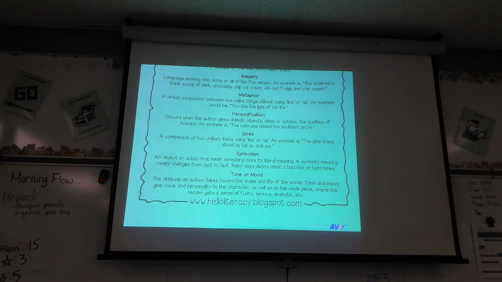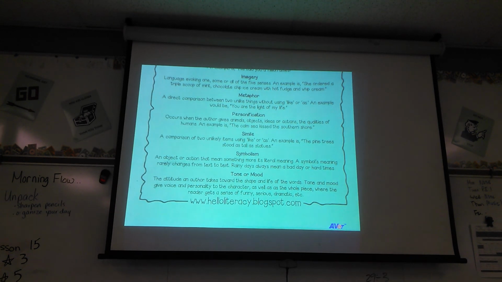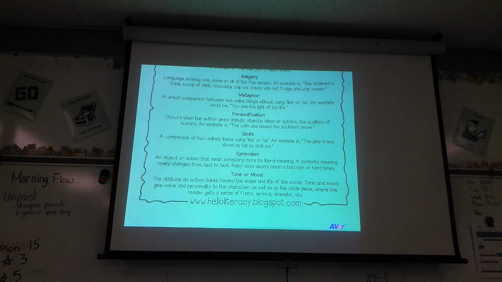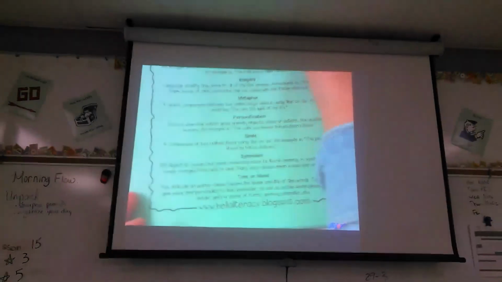Mood is the way you feel. How is the author making you feel? That's mood. Okay, so just remember that you can always refer back to this chart whenever you have a question about fiction author's craft, or whenever you're trying to identify it. Okay.